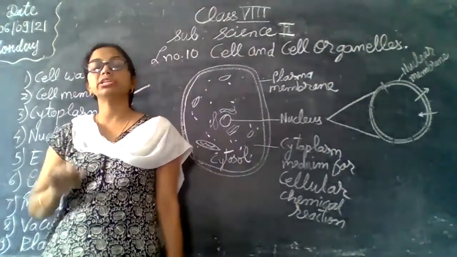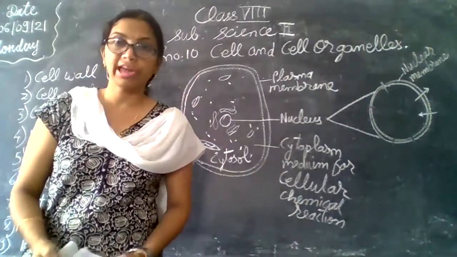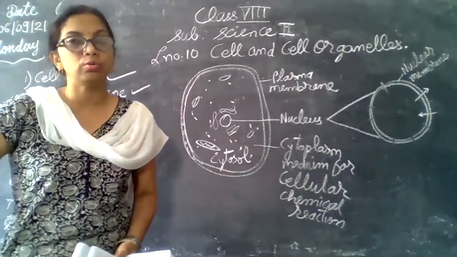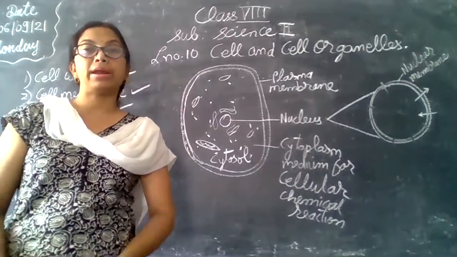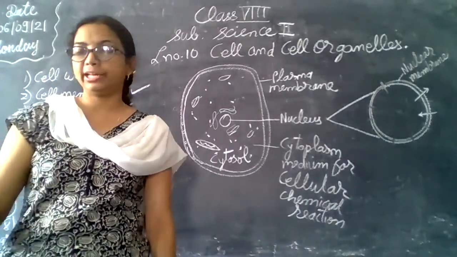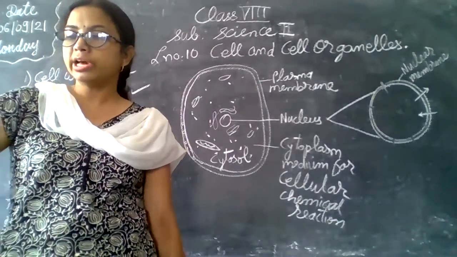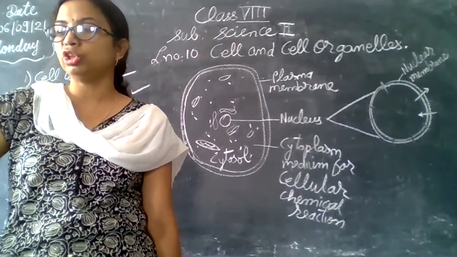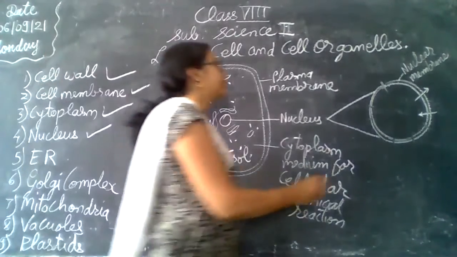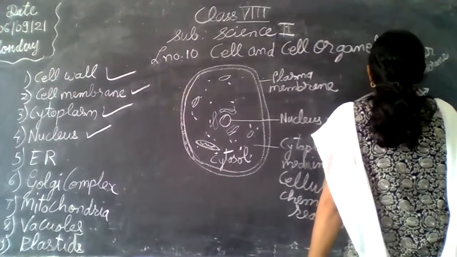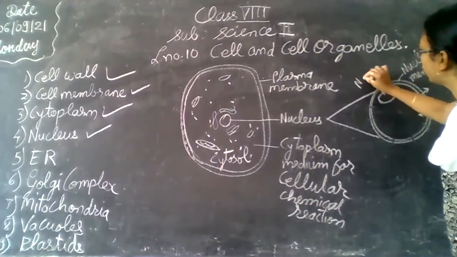That is possible because of these pores. Here also, like the plasma membrane or cell membrane, the nuclear membrane is selectively permeable. The nucleus has one round nucleolus and a network of chromatin fibers. Inside this, there is a small round nucleolus.